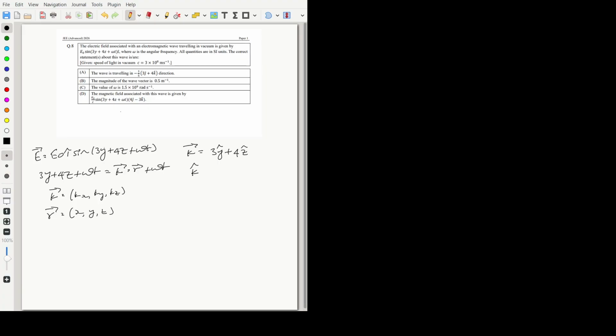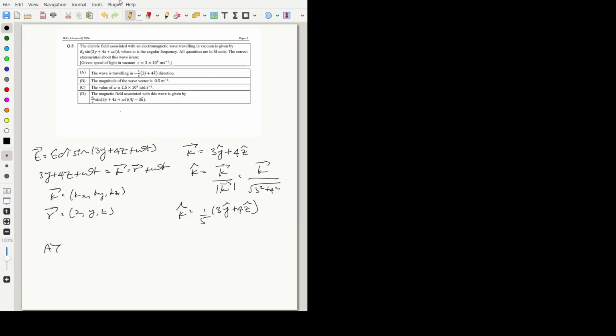It's just vector k over its magnitude, and the magnitude is square root of 3 square plus 4 square, that's 5, so 1 over 5 times the vector. You might be tempted to answer that k cap is the direction of propagation, but that is not always true, and I'll tell you why.